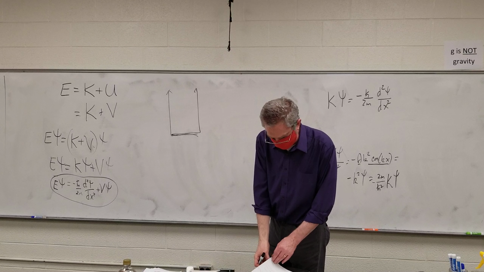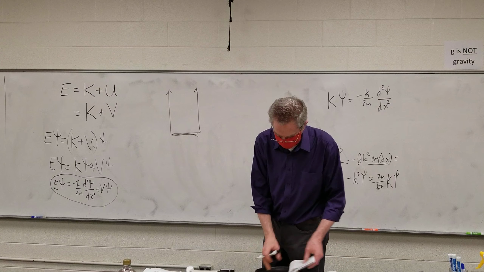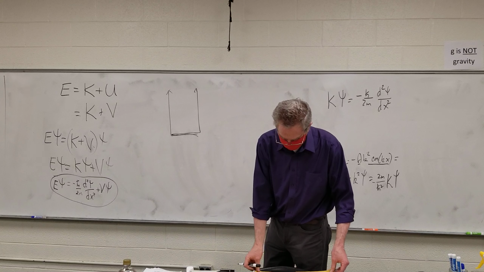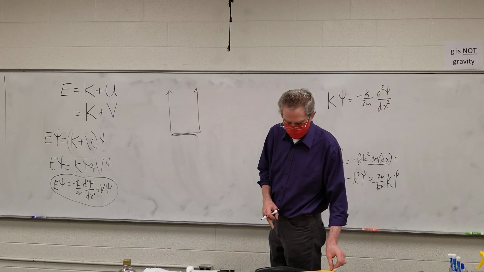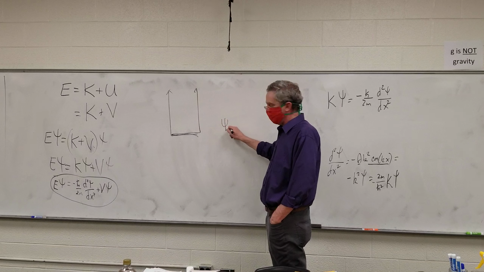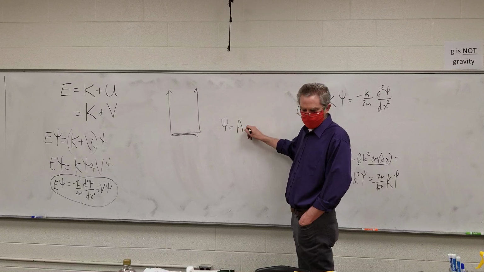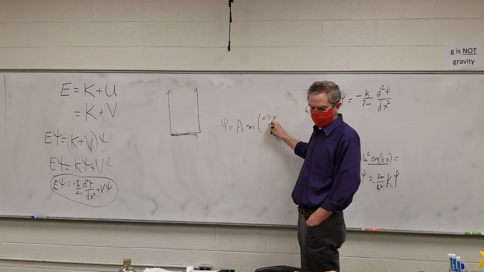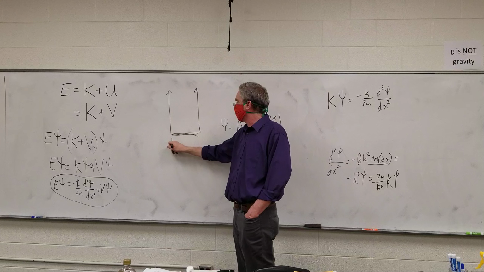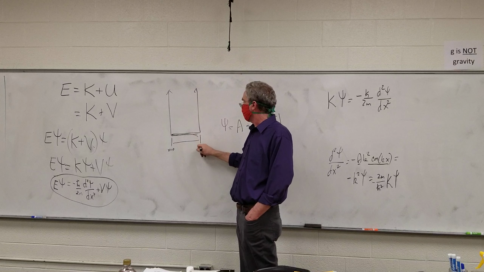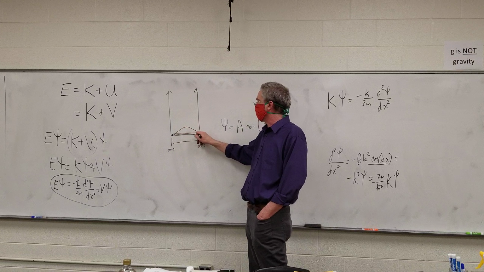Jumping to the solution for the infinite 1D square well, you ultimately end up with psi equals some amplitude times sine of n pi x over L, where this is x equals 0 and this is x equals L. This describes the wave function given the boundary conditions, and the wave function would look something like that.